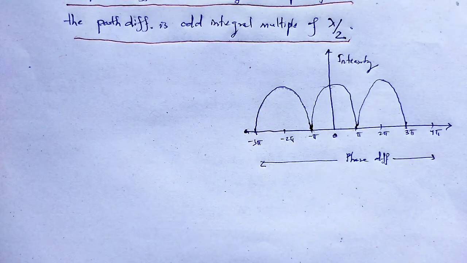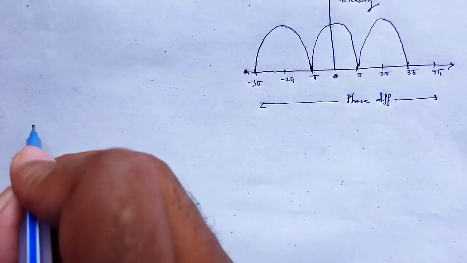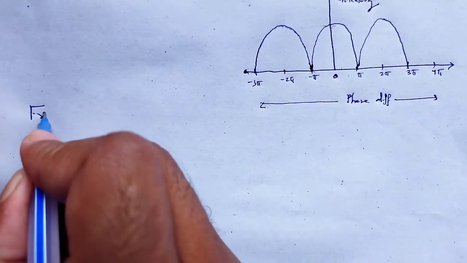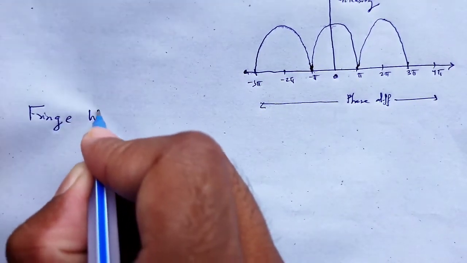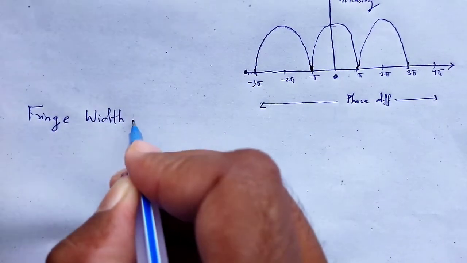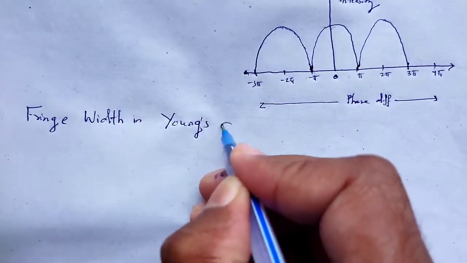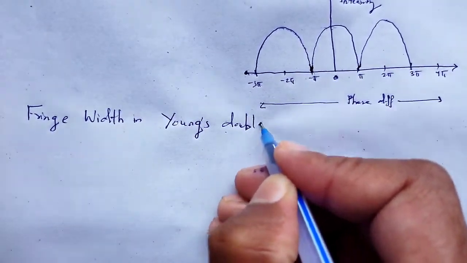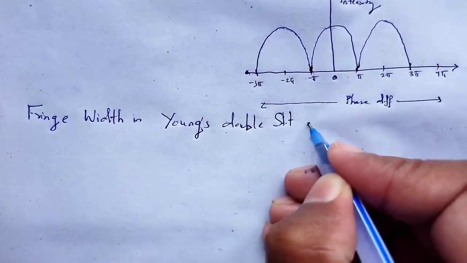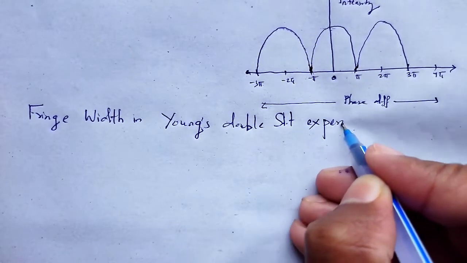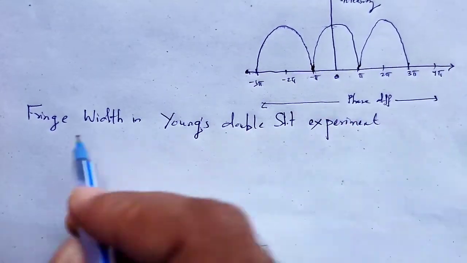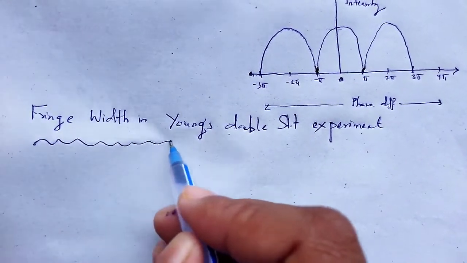Now, what will be the fringe width in case of Young's double slit experiment? Calculation of fringe width in Young's double slit experiment.